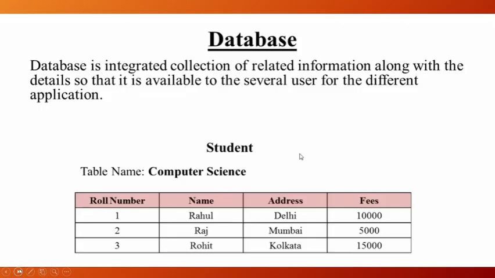Like this, we have several tables in the student database, which are interlinked with each other by a common field. Okay. So in the relational database, we need to understand the basic attributes.